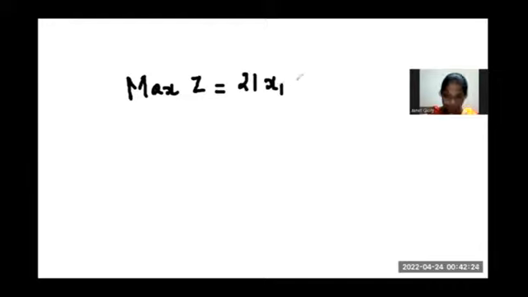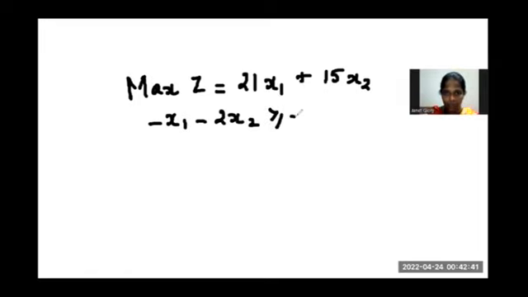In Simplex Method, we have the objective function denoted by the maximization function of z: max z equal to 21x1 plus 15x2, subject to the constraints: minus x1 minus 2x2 greater than or equal to minus 6.